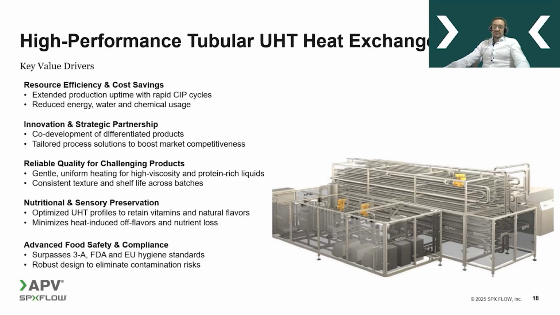At the same time, we are trying to cut down on energy, water, and chemical consumption. So all of those benefits, when we are doing CIP, obviously would translate into direct cost savings for our customers.